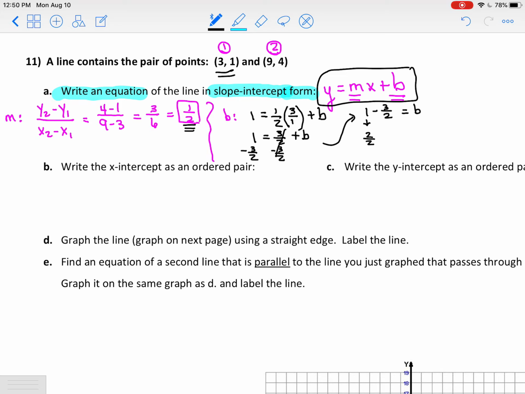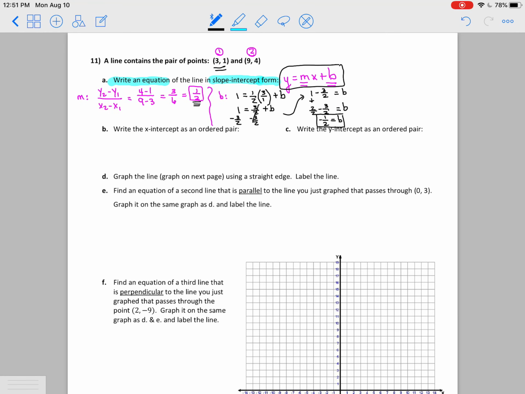We need a common denominator of 2, so that'll do it. 2 minus 3 is going to give us a -1, so our b is going to be -1/2. Okay, so our new equation, if we put all of this information together, is going to be y is equal to 1/2 x minus 1/2. This is the equation for our original line that contains both of the given points.